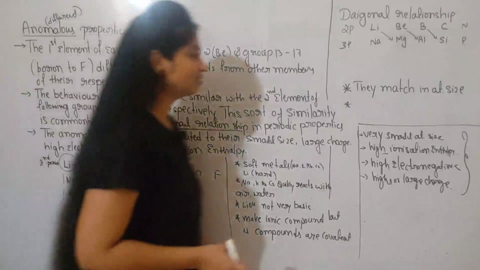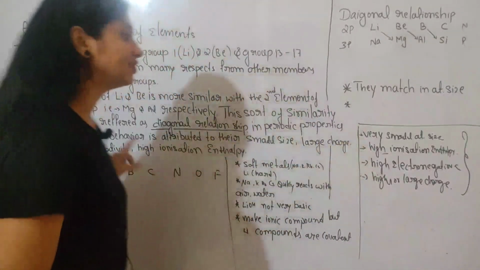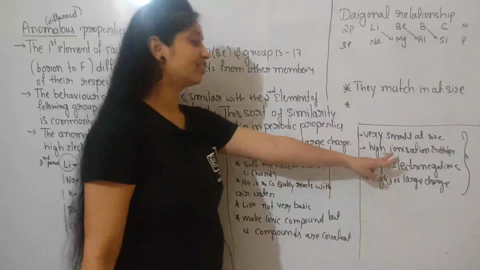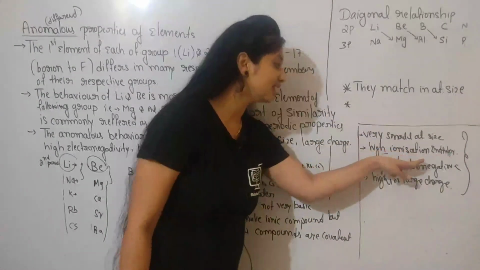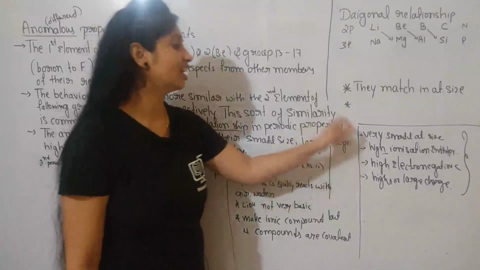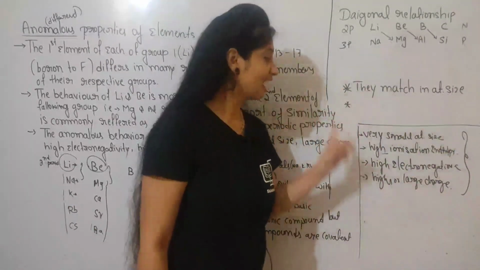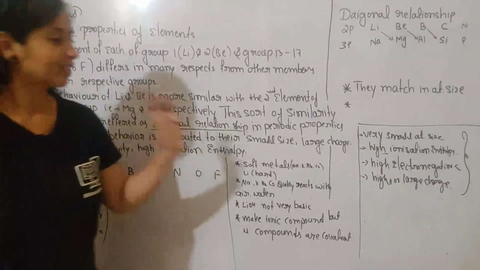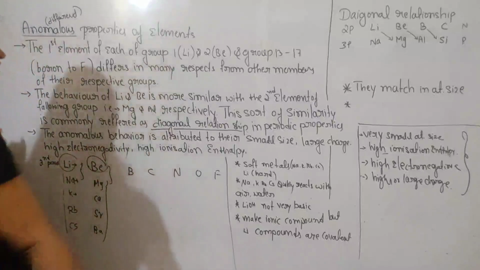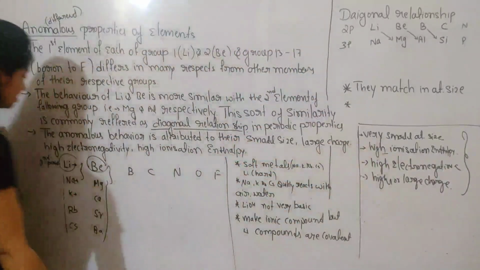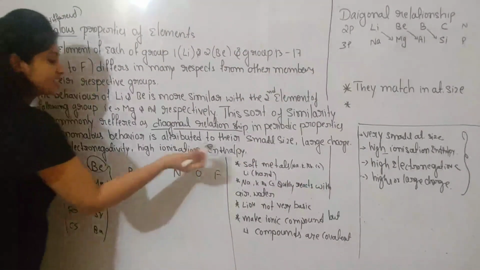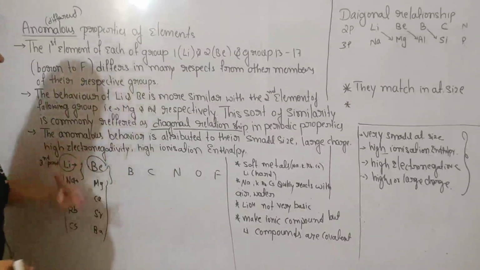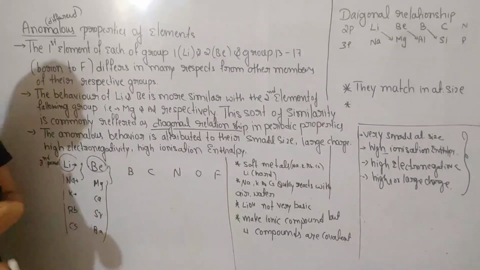So what was the reason? Let me repeat: they are very small in size, they have a high ionization enthalpy, a high electronegativity, and a high nuclear charge. So these reasons make the second period elements show anomalous properties compared to the other elements.